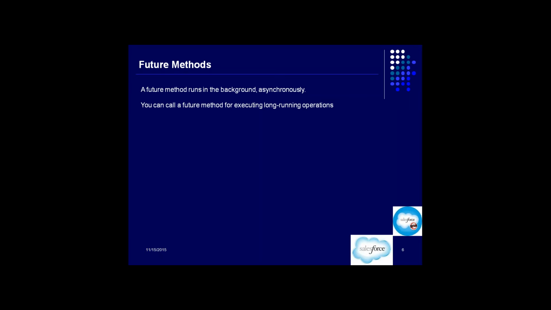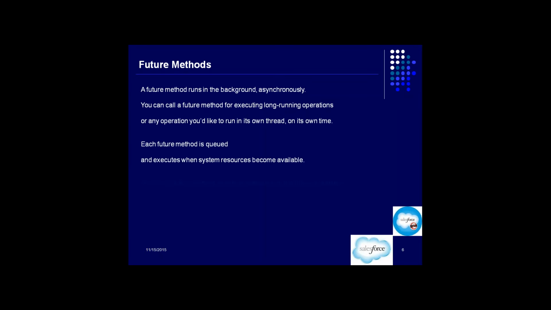In that case, the method will not try to get executed at that point of time. It will wait for the resources to become available, and when the resources become available, that's when it gets executed. Or a new operation you would like to run on its own thread on its own time. Each future method is queued and executes when system resources become available, right?